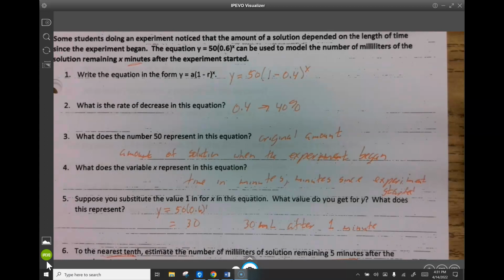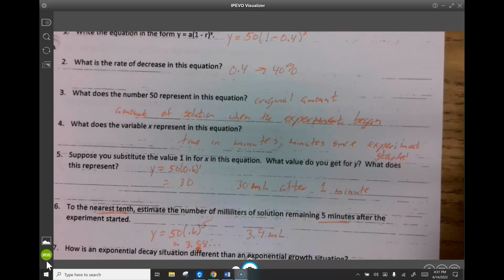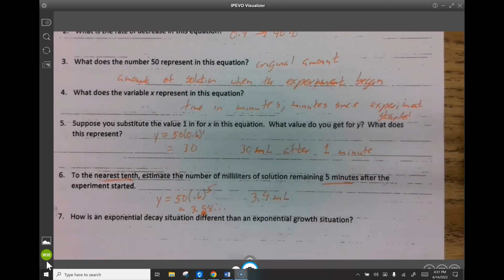So for this you got 3.88 and so on. So round to the nearest tenth. That'd be 3.9 milliliters remaining after 5 minutes. Sorry, you didn't see that whole thing, but you probably figured it out because you know how to use a calculator.